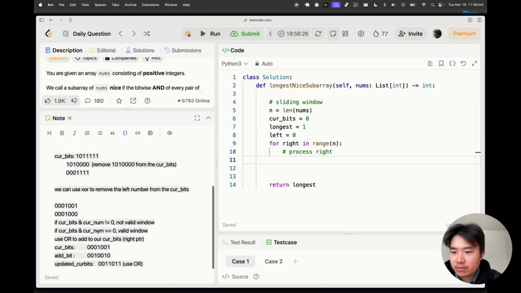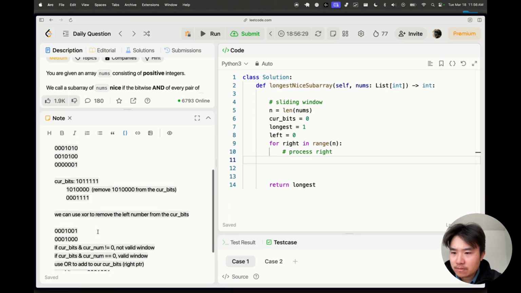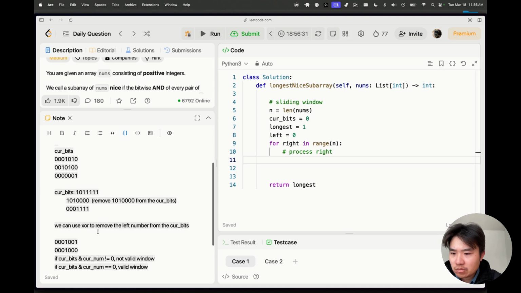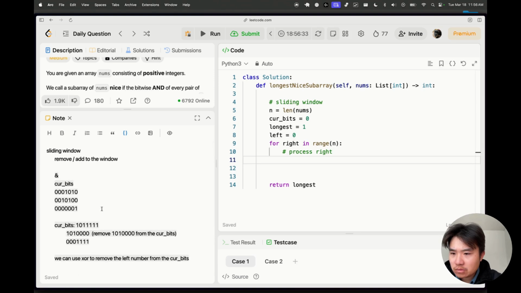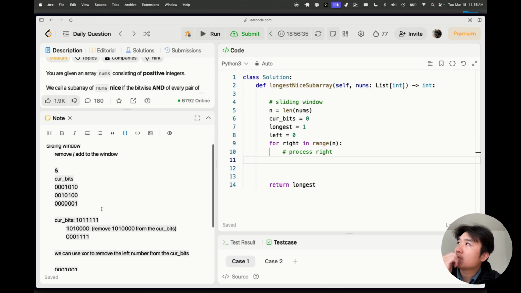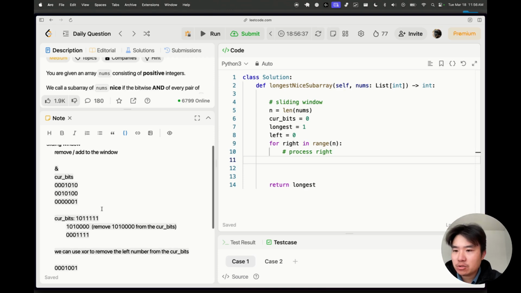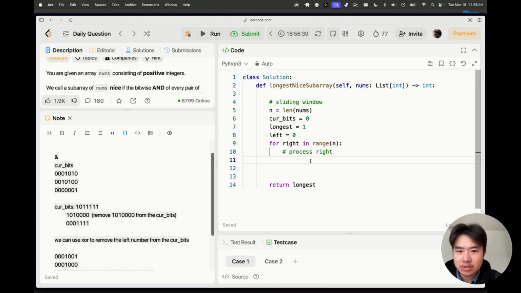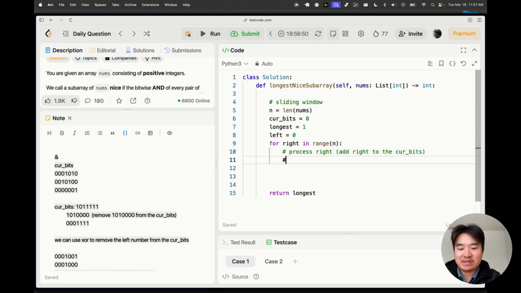We want to add right to the window, so add right to the cur bits, more explicitly using OR.